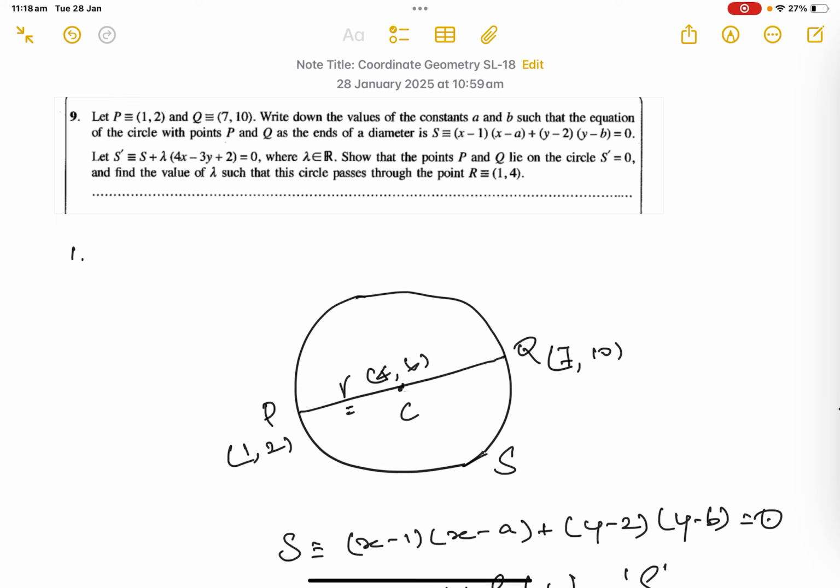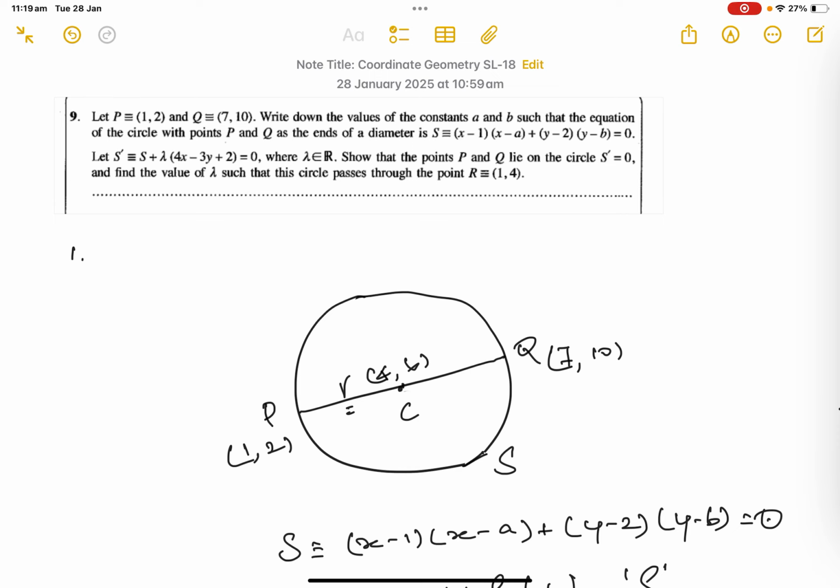Show that P and Q lie on the circle S dash. So we need to prove P and Q lie on the circle S dash and find the value of lambda such that this circle passes through the point R (1, 4). So the new circle, S dash, passes through another additional point R with coordinates 1 and 4.